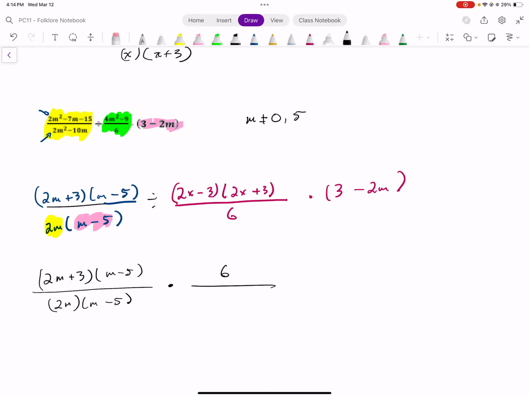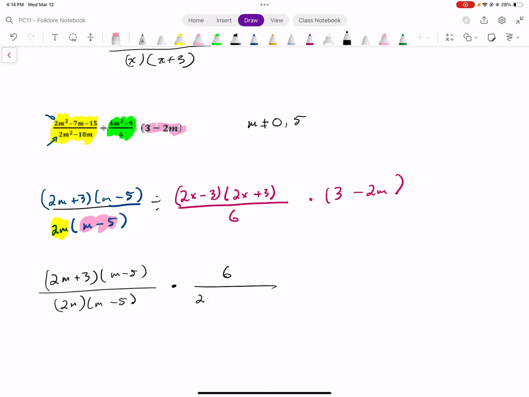So 6 over 2, sorry, this should have been m minus 3, 2m plus 3, times 3 minus 2m. Now, I get the nagging feeling that I've seen this somewhere before. But maybe let's simplify and we can circle back. Let's get rid of some of the thoughts.